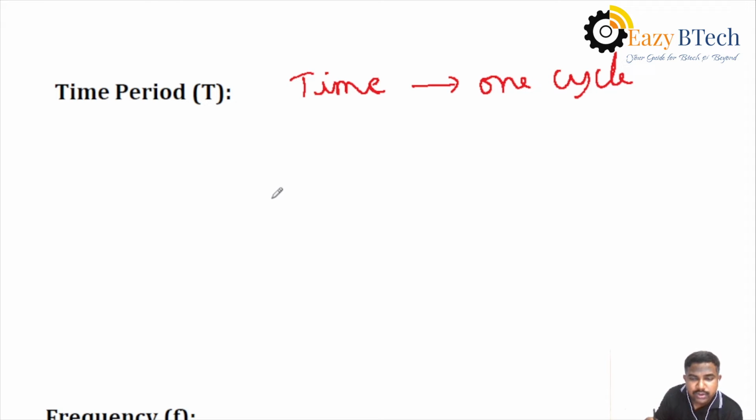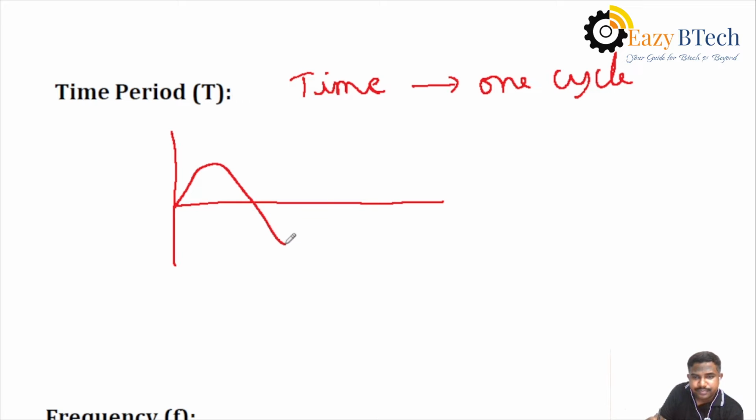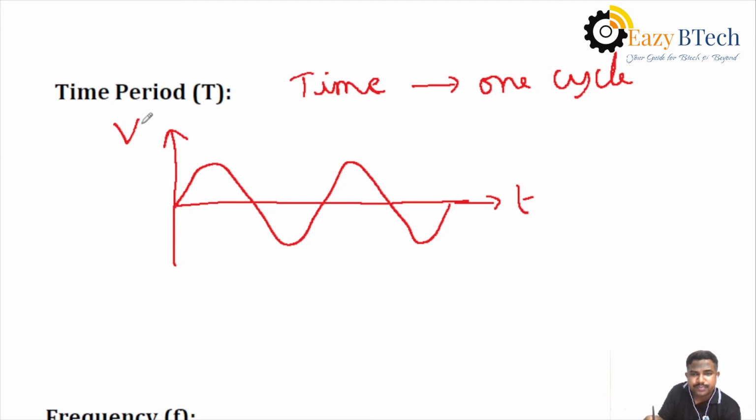How do we calculate the time period for a given waveform? After drawing the waveform like this, suppose the voltage waveform is V. Where is one cycle here? This is the one cycle, or first cycle.